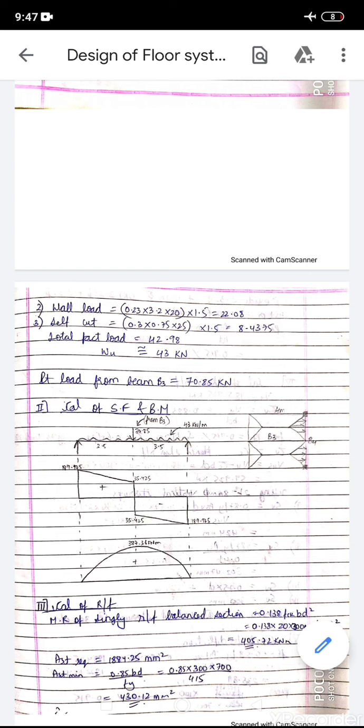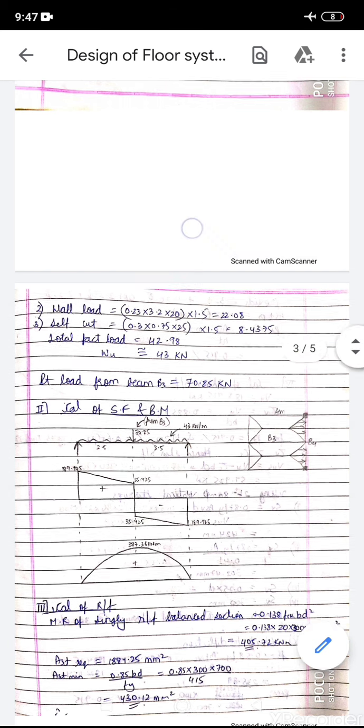Here, a very important thing you need to pay attention to: the beam B4 is actually resting on the columns. These are the supports. So there is a question that it is acting as a continuous beam, but you have to remember one thing. If you want to analyze this beam, you can analyze it as a simply supported beam, because the behavior of the structure is as per the detailing which you provide.